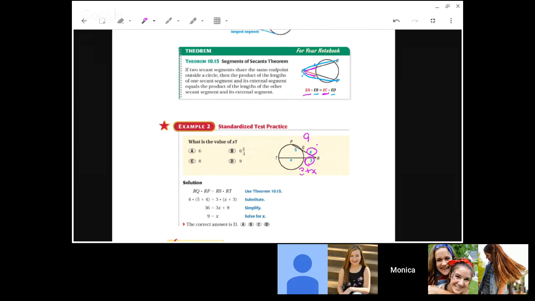So you take the outside part times the whole thing. So you have the outside part is 4 times the whole thing is 5 plus 4, and set that equal to the outside part of the other one times the whole thing. So the outside part is 3, and the whole thing is x plus 3. And then you just do your multiplication and solve for x.